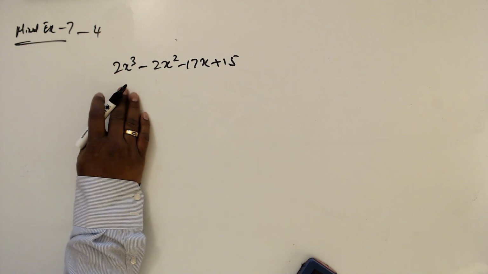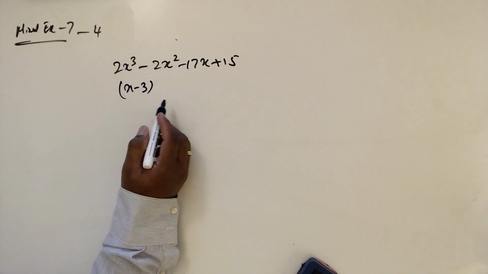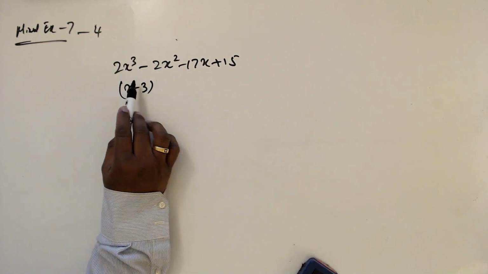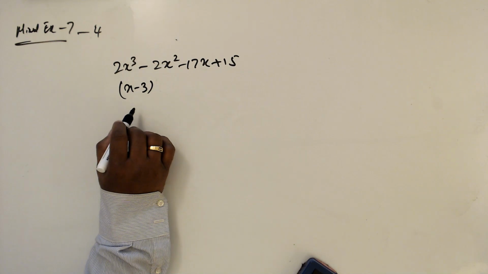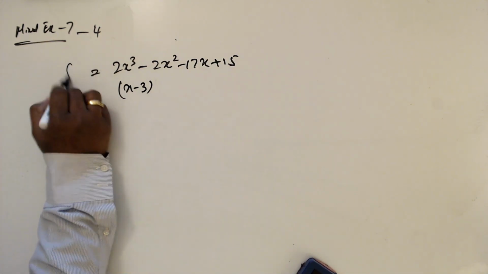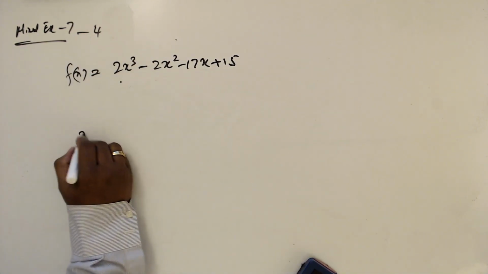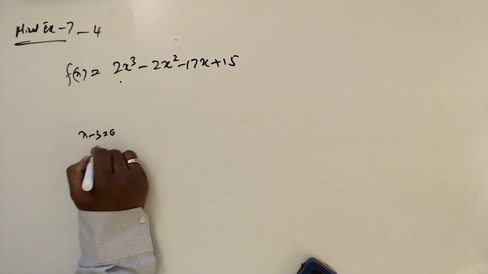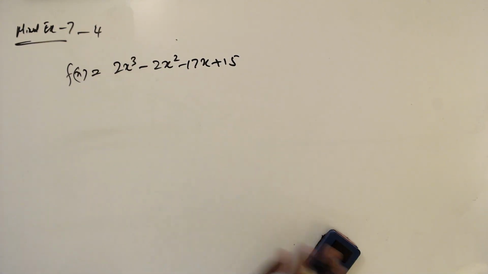Question number 4. We want to show that x minus 3 is a factor of this one. So we can use the factor theorem. I'll take this as f(x). Then x minus 3 equals 0, x equals 3. I'll substitute 3.